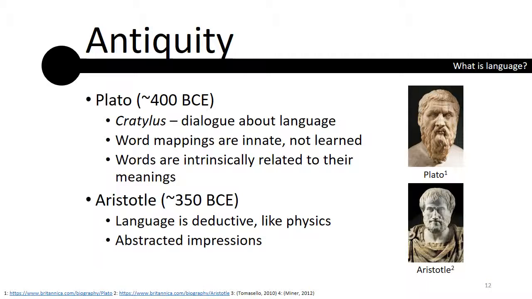Now, Aristotle disagreed with that completely. Aristotle felt that language is deductive, like physics. The word is granted and assigned to the object. It doesn't matter if they are connected in any way, it just is, and that's what you call it.